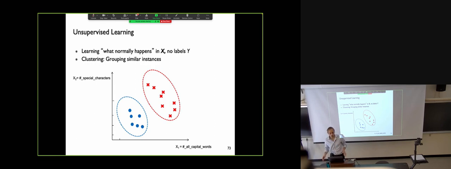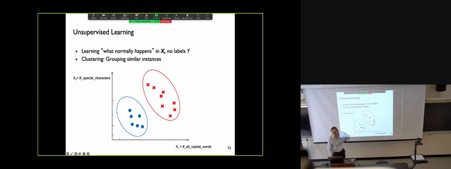Or you want to do clustering. You have a population of people, for example, and you want to see what are the big groups that we see from the data. That's one instance. So here we have two data sets, two clusters of data, and we have two different clusters.